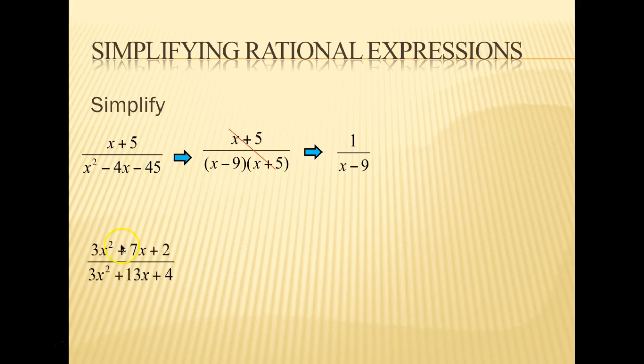In this case, we have to use product sum to factor the numerator and product sum to factor the denominator. Remember, because my leading coefficient is not 1, my product will be 3x squared times 2 for my numerator, and my product for my denominator will be 3x squared times 4. So please take a moment to pause the video and factor the numerator and denominator and simplify.